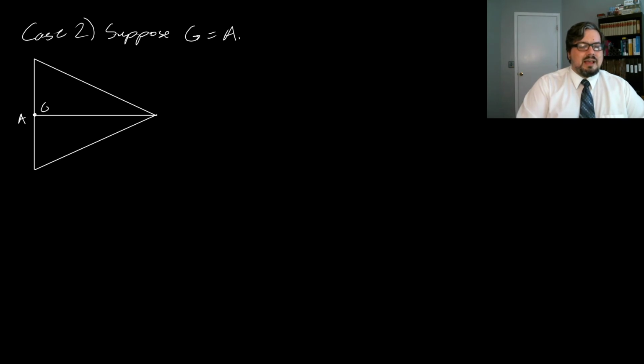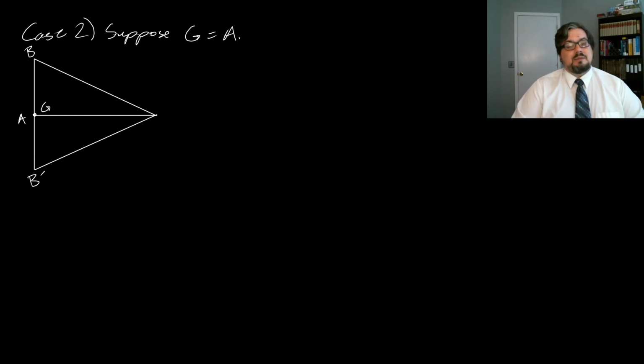So if A and G are the same, that means we've got B and B' down here. Let's see, we've got this set up right here. And we want to show that the triangles ABC and AB'C are congruent. So case 2, suppose G is equal to A.